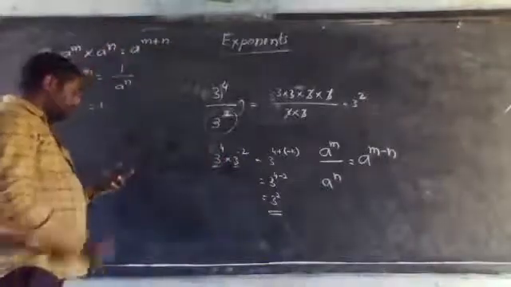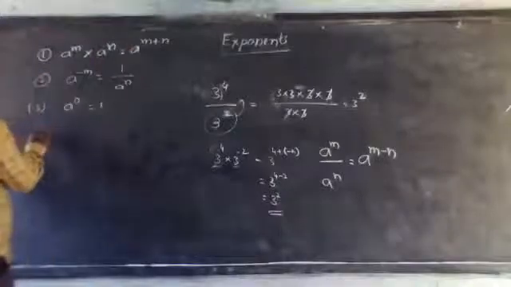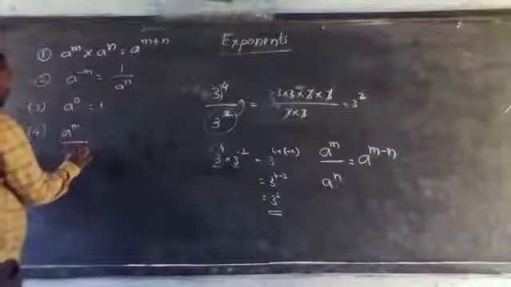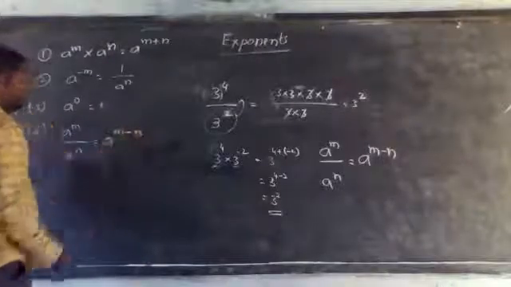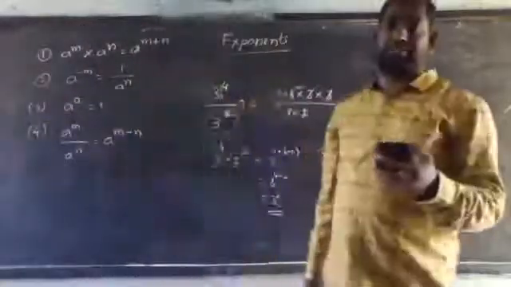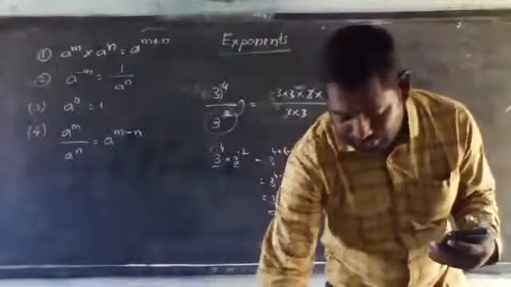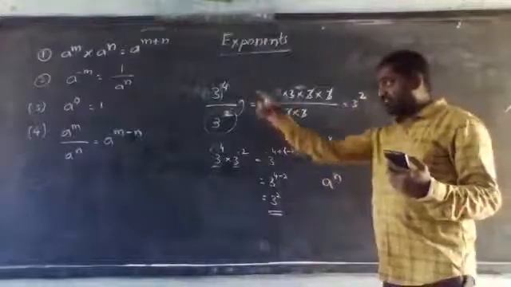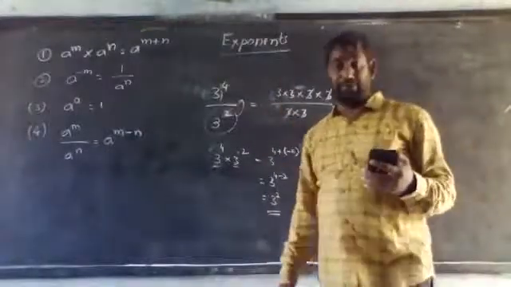So here the fourth property is a to the power m by a to the power n is equal to a to the power m minus n. So this is a very important property. All these properties everybody must and should learn by heart. Otherwise, this type of problems we will get in the next classes many times, in many places.